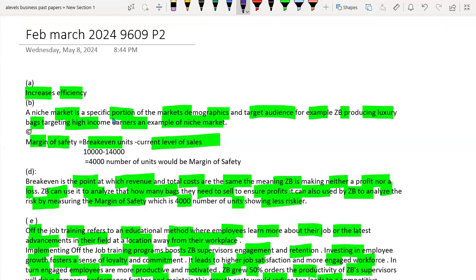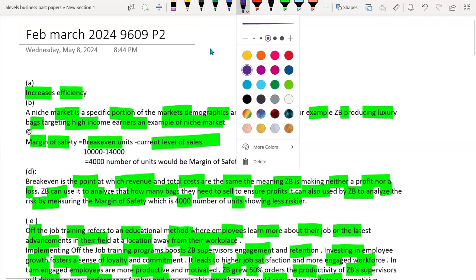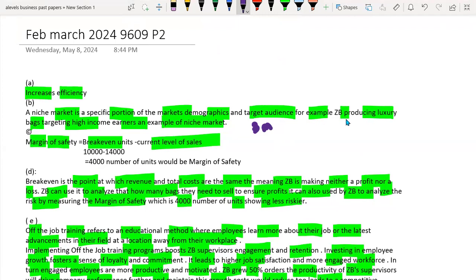A niche market is a specific portion of the market's demographics and target audience. So here I have completed my knowledge marks. But because this question was for 3 marks, I have to write its application from the case. So for example, ZB producing luxury bags targeting high income earners is an example of a niche market.